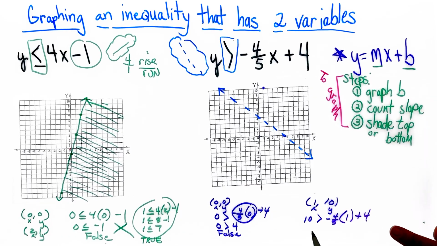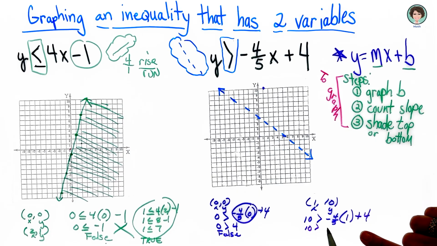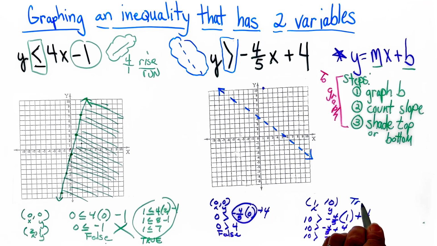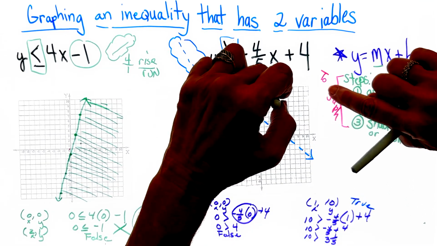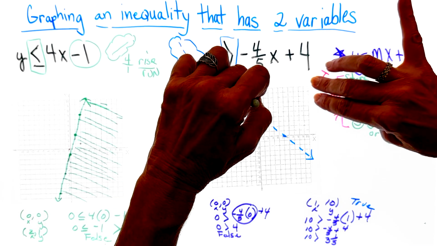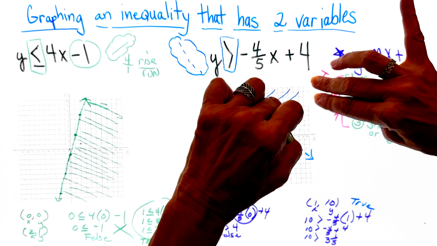As we're working this problem, remember, 10 is greater than negative 4/5 plus 4. Well, 10 is going to be greater than, and when we work this out, we end up getting a 3 1/5. So this was true, which means that point is considered part of the solution.